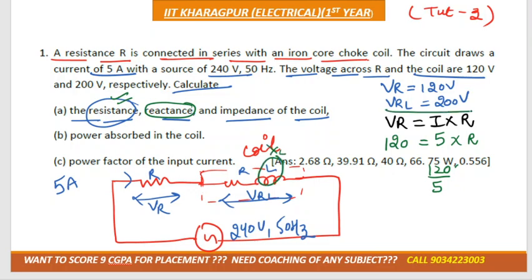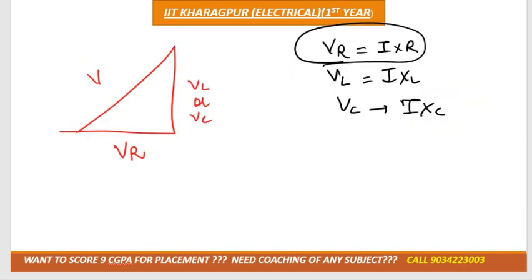VL is not what they have given; they have given the voltage across the coil, and the coil is the combination of R and L. So we know the value of VRL. VRL is I into ZRL.